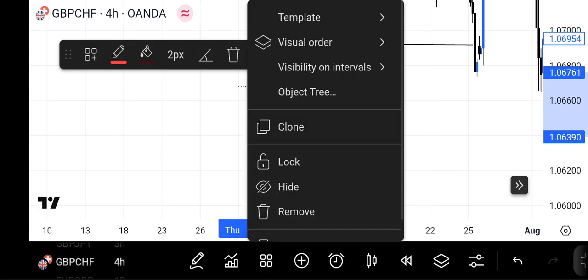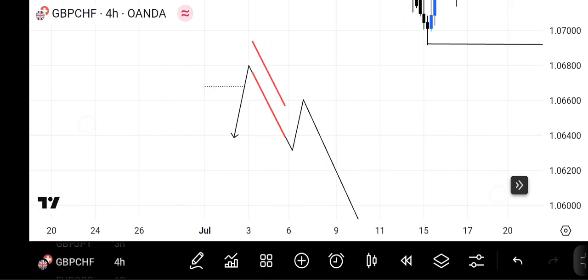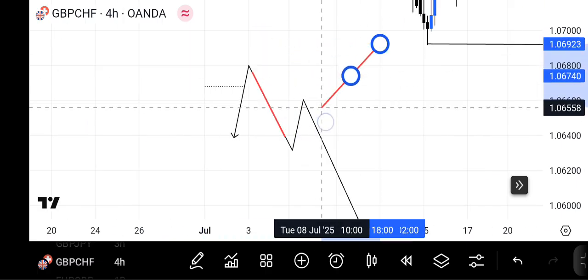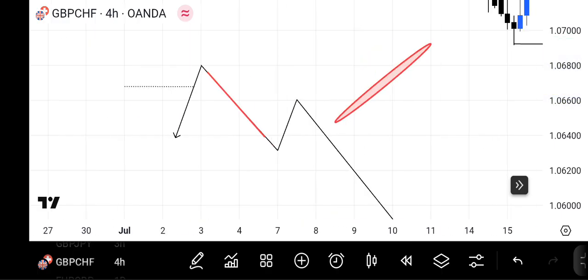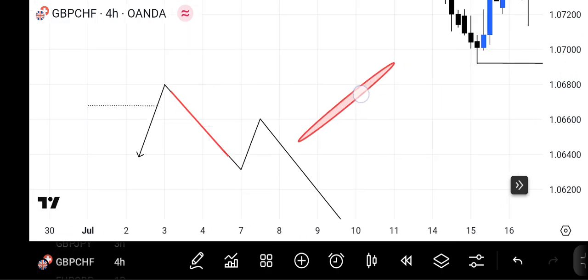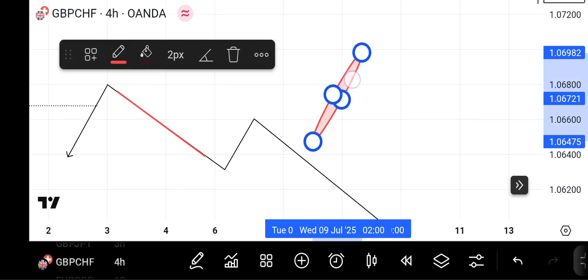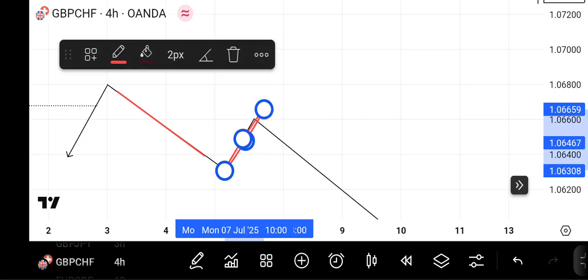And then the impulse, don't forget, pullback, break of structure. This is my pullback.